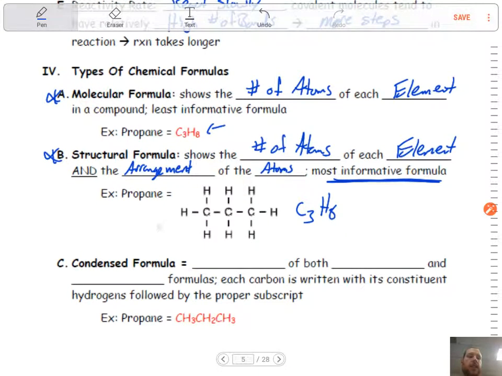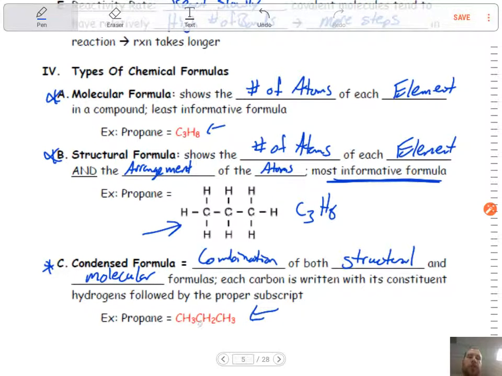Now, this is where it's drawn out completely in the structural formula where it shows all the different bonds, but we also have this thing called the condensed formula, which is a combination of both the structural and molecular formula, kind of a hybrid between the molecular and the structural, all right, where we show the carbon numbers with its constituents and then the hydrogens with how many they have.